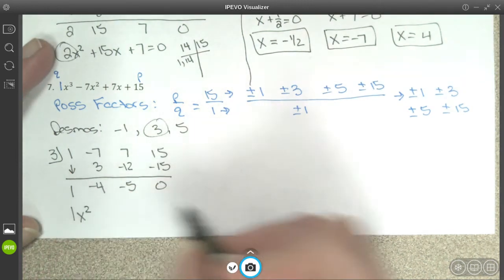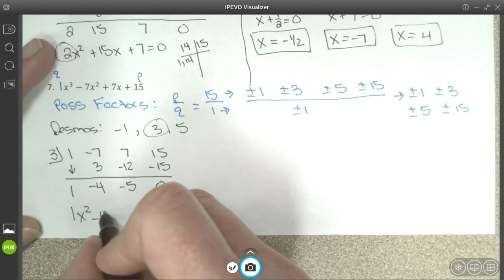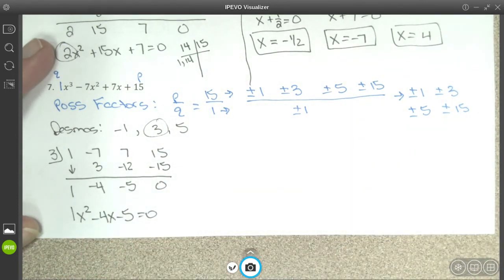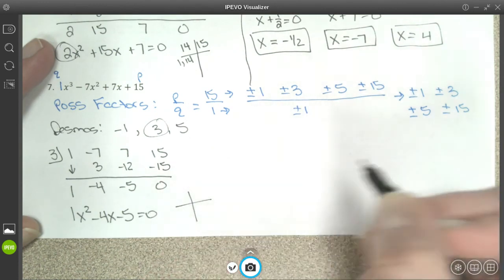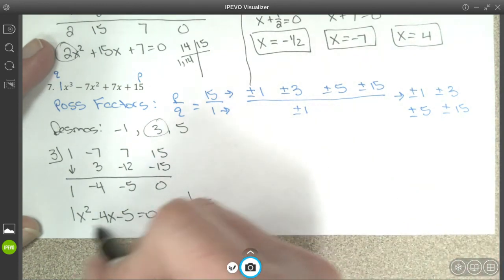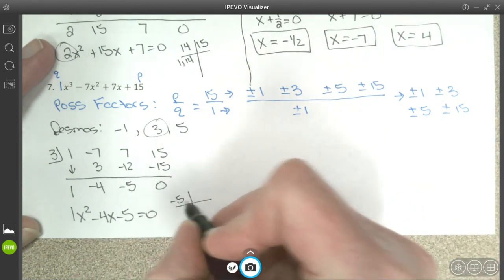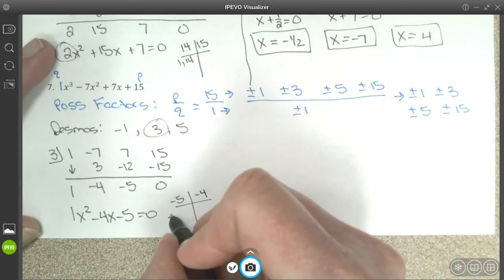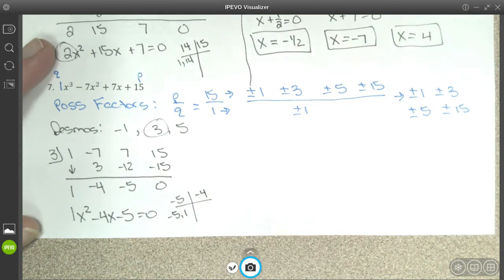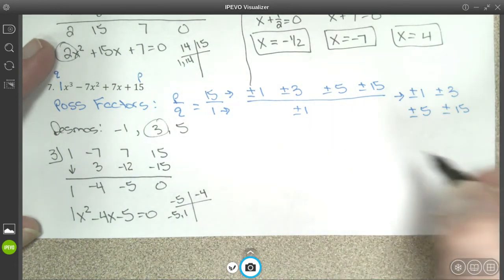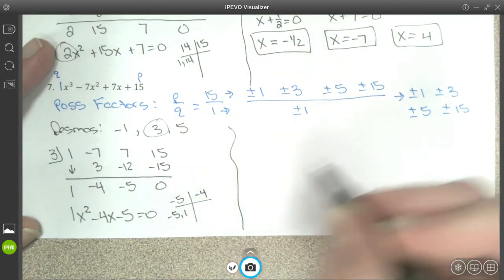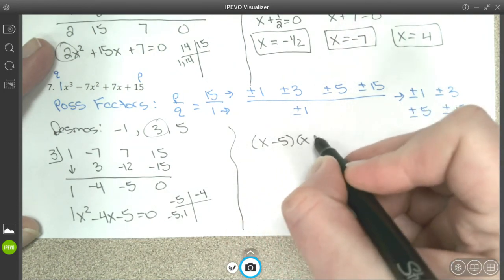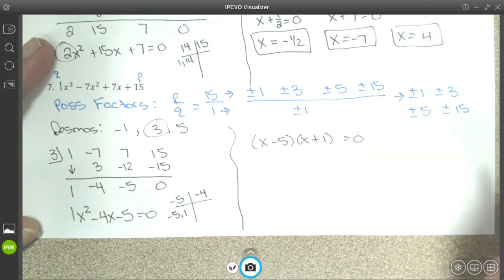Put your variables in, so that gives me 1x squared minus 4x minus 5 equals 0. So if I want to factor this, I need factors of -5 that add up to -4. So that gives me -5 and 1. So this factors x minus 5, x plus 1 equals 0.